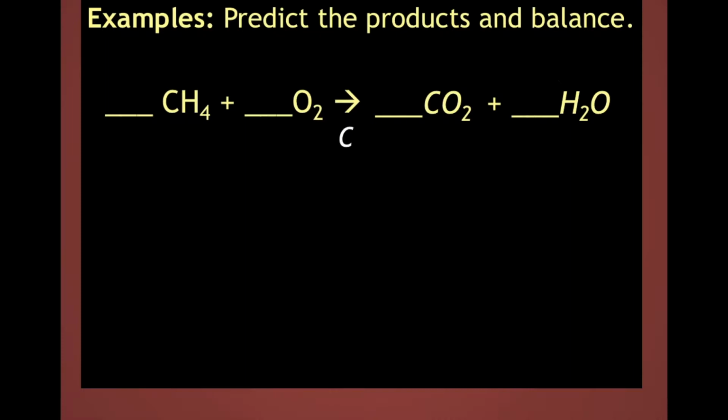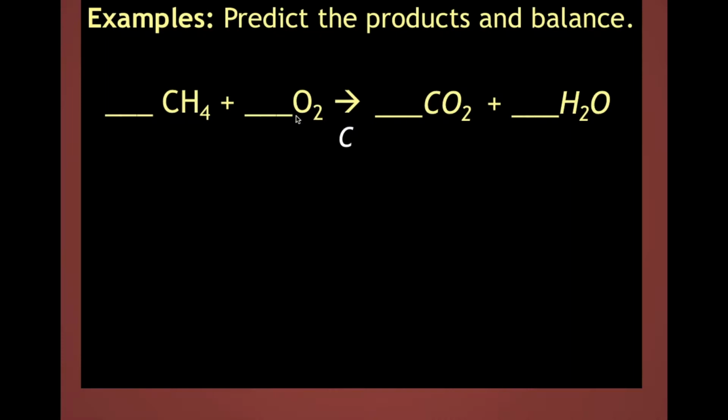So we also have to balance this. And when you balance combustion reactions, they can tend to be a little tricky because they tend to go back and forth, changing numbers and stuff. So there is a trick. I'm sure you guys have already asked me in class. I know the kids usually ask me in class by this point, but if you haven't: no, you cannot put a decimal as a coefficient. However, you can use a decimal if you multiply it by 2.